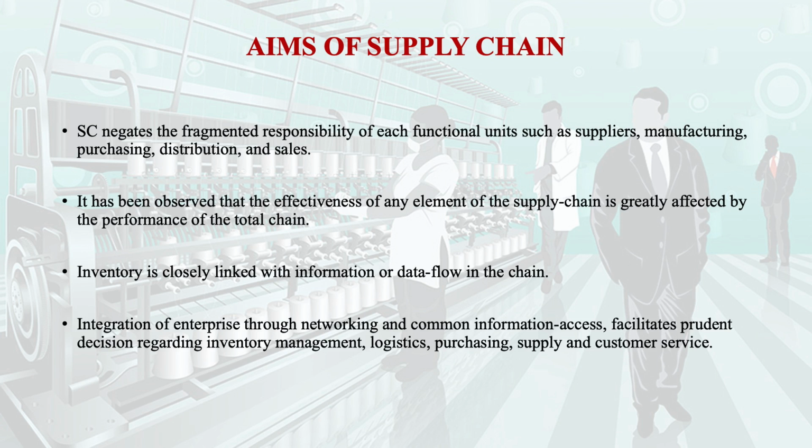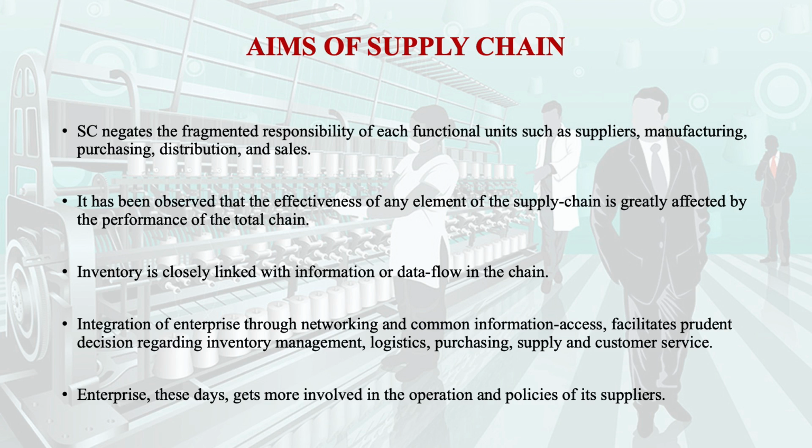Integration of the enterprise through networking and common information access facilities, prudent decisions regarding inventory management, logistics, purchasing, supply, and customer service. Enterprises these days get more involved in the operations and the policies of suppliers. That means they have a strategic relationship.